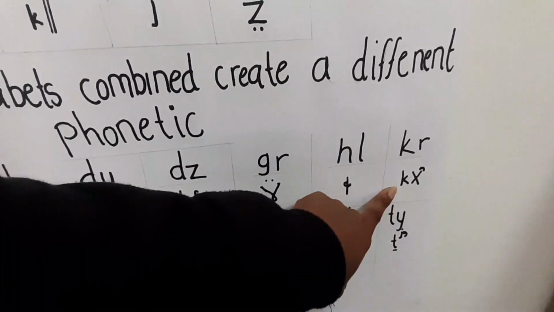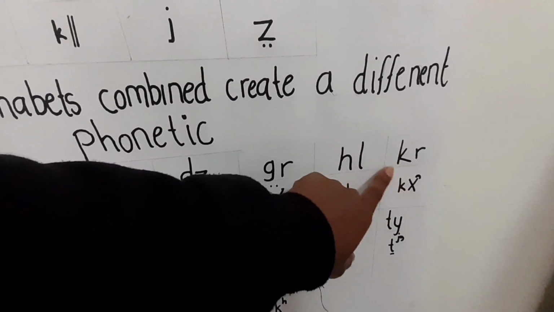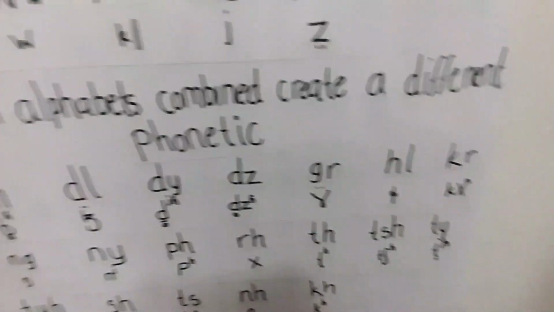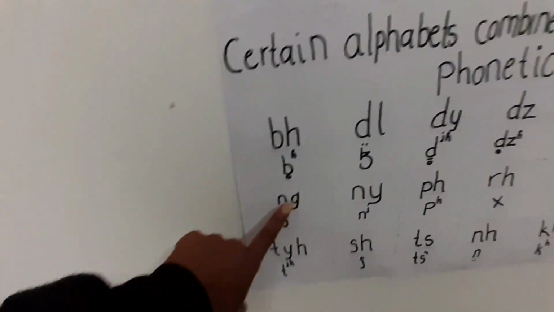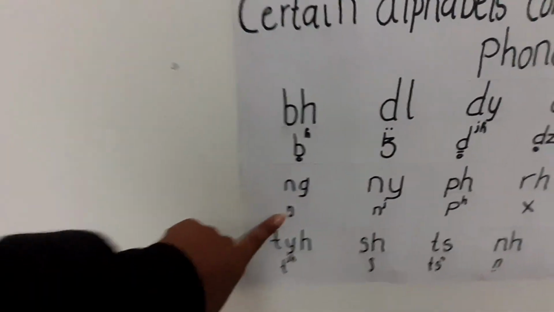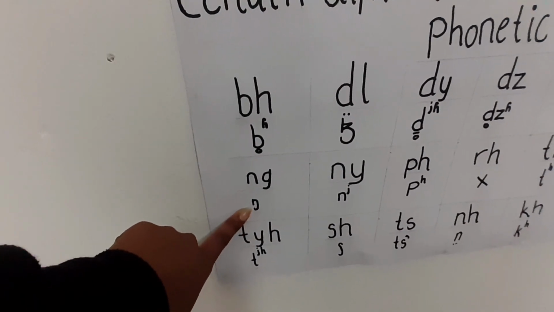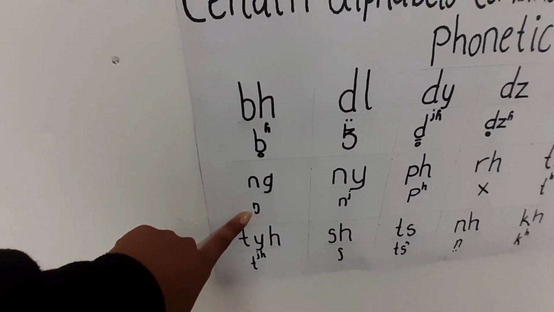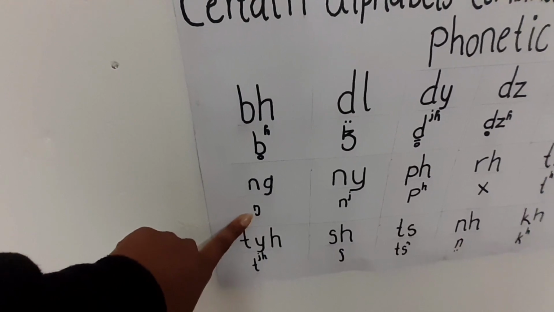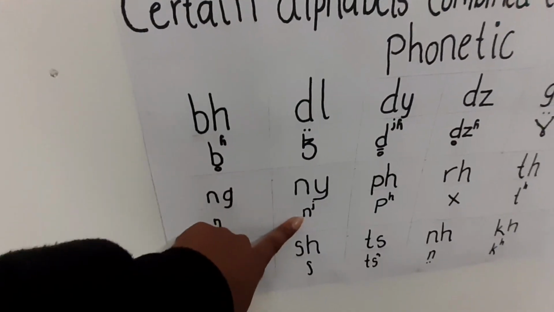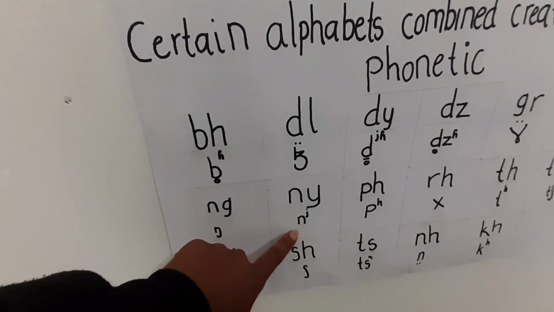Kr, this is the phonetic, and this is how you pronounce that, right? And then we have ng, this is the phonetic, and this is pronounced ng. Ny, this is the phonetic, and this is ny.